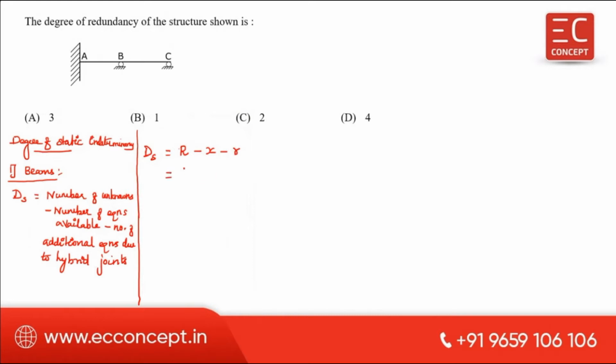In this case, how many reactions are there? Here 3, here 1, here 1, total 5. What is x? X equal to 3 for 2D structure, and minus, there is no hybrid joint, therefore this is 0. So answer for this question is 2. Okay, so this is the answer.